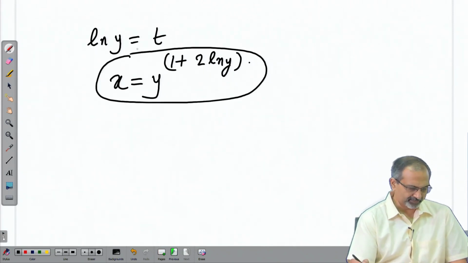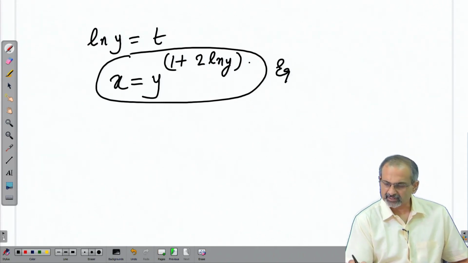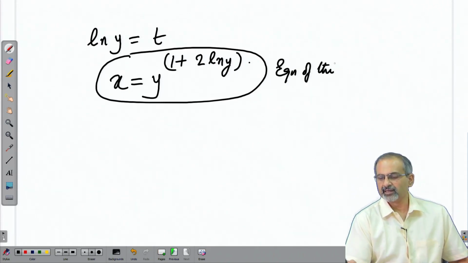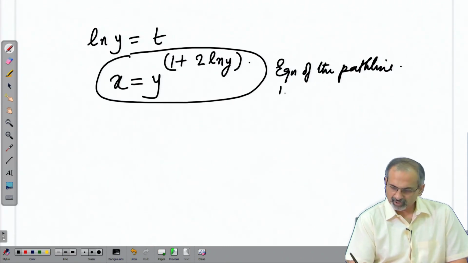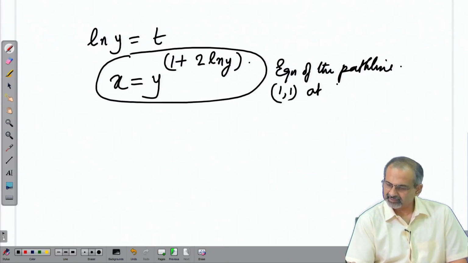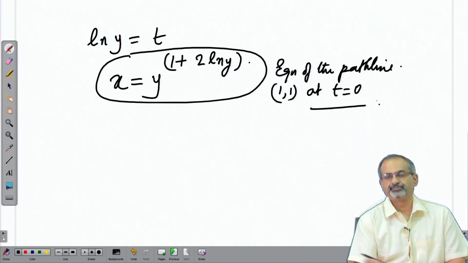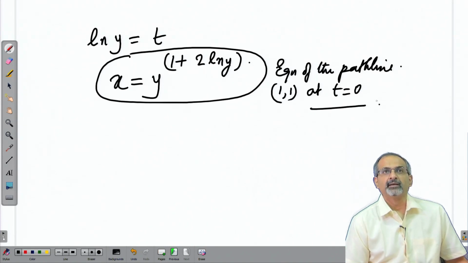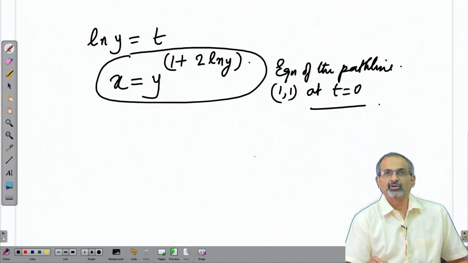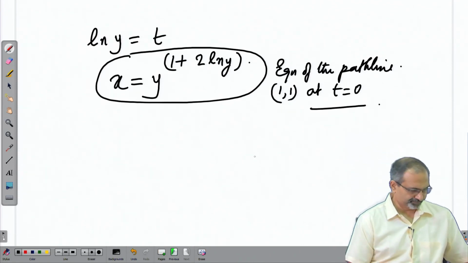This is basically the equation of the path line followed by the fluid particle as it crosses the point 1 1 at t equal to 0, while the previous form, if you remember, was a parametric form where other values of t could be substituted.